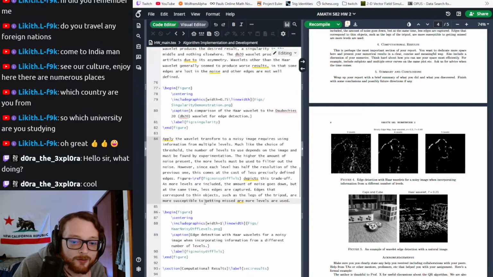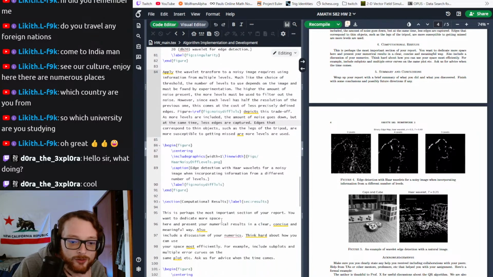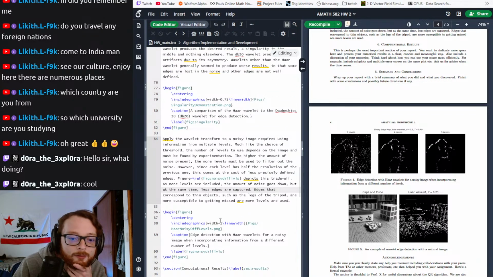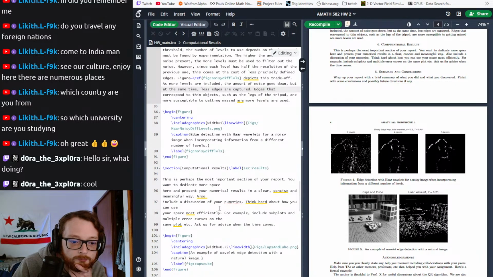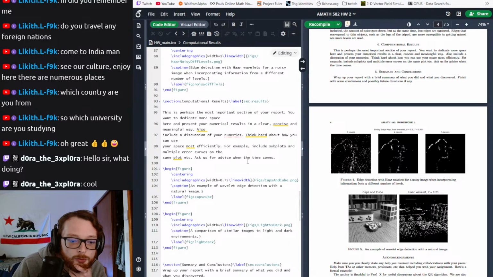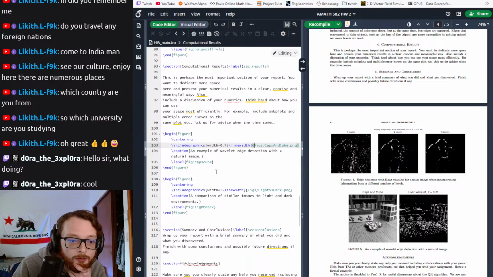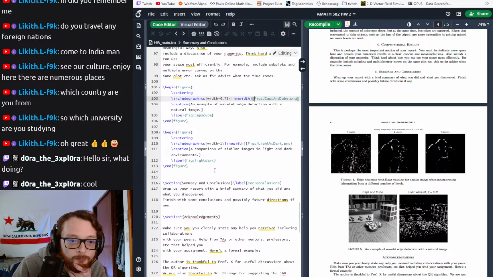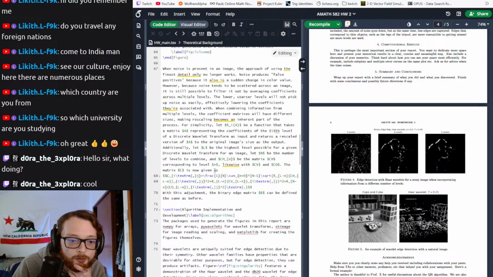I mentioned it briefly. Yeah, it's fine. We might call this section good for now. Computational results is where we're gonna have a lot of figures. I feel like maybe we could write the introduction right now.